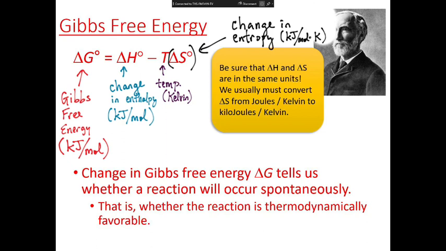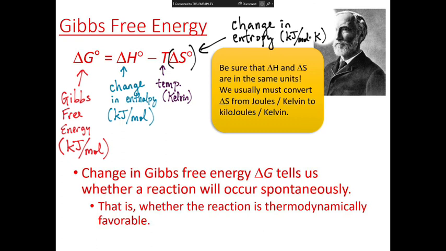So if I look up a delta S, or if I'm given a delta S, they're usually in joules. So for one of these, it's 175. Before I calculate with it, I need to call that 0.175, because you can only add kilojoules to other kilojoules. You don't want to mix kilojoules and joules in the same equation. So it's just a little tricky thing to watch out for. Before you calculate with delta S, be sure you're in kilojoules and not joules.